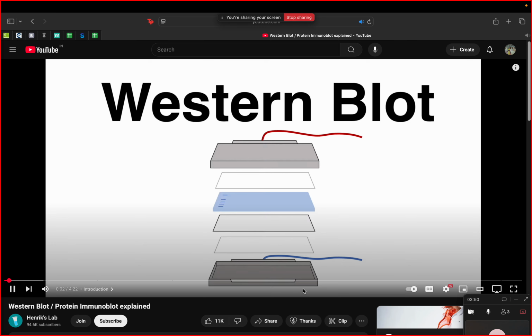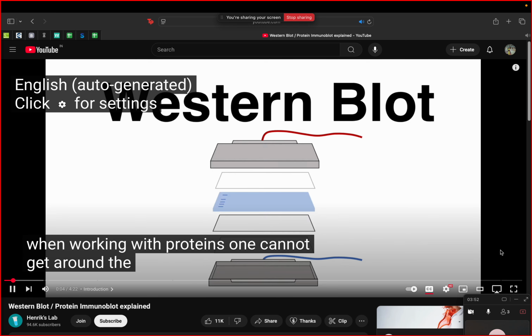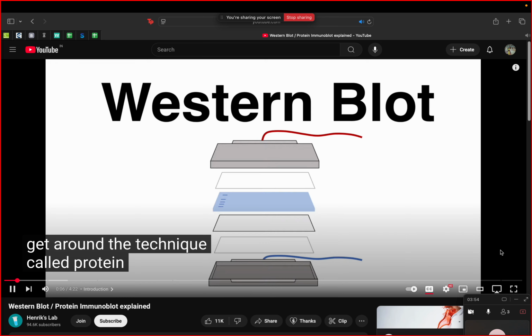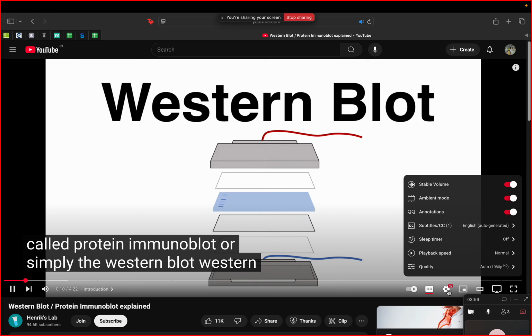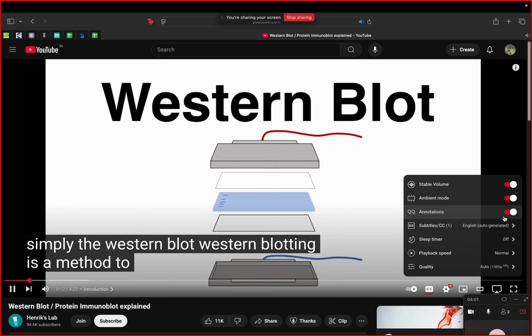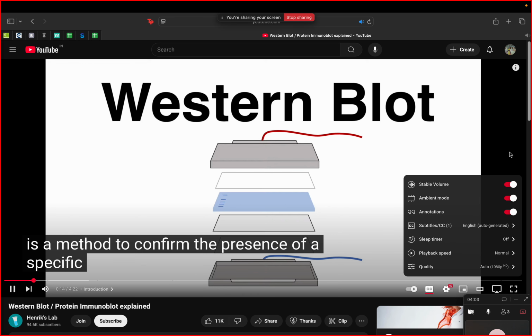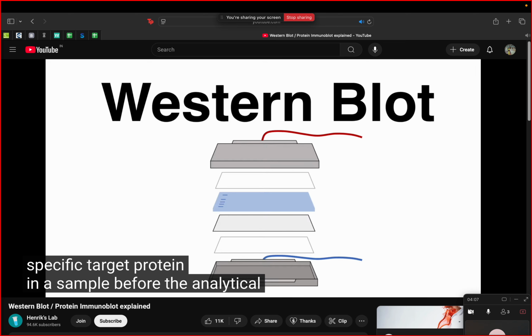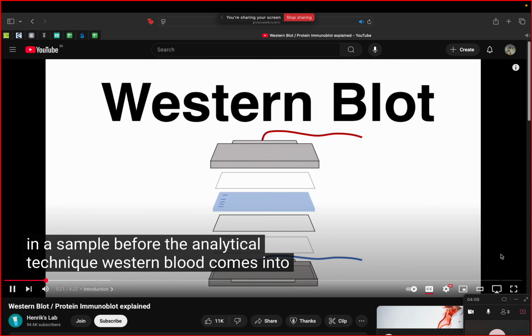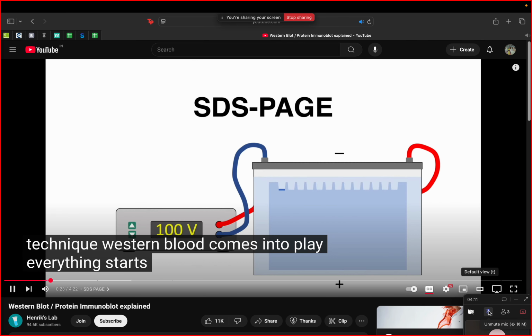In working with proteins, one cannot get around the technique called protein immunoblot, or simply the Western blot. Western blotting is a method to confirm the presence of a specific target protein in a sample. Before the analytical technique Western blot comes into play, everything starts with an SDS page.